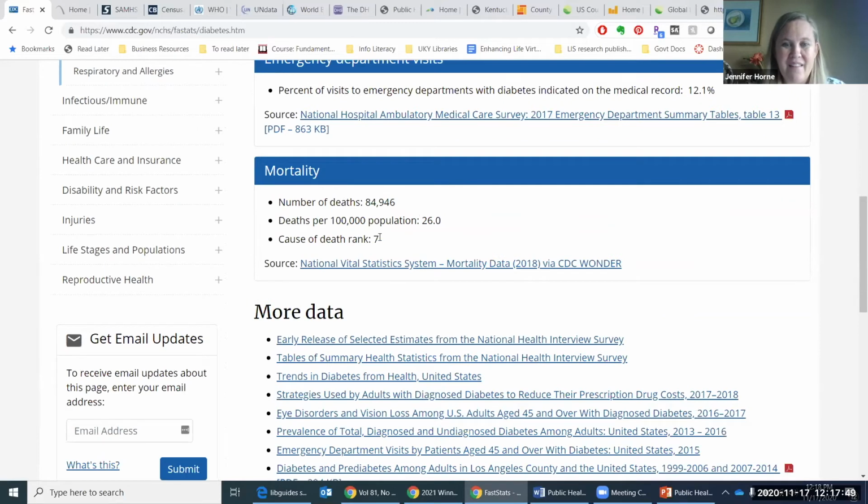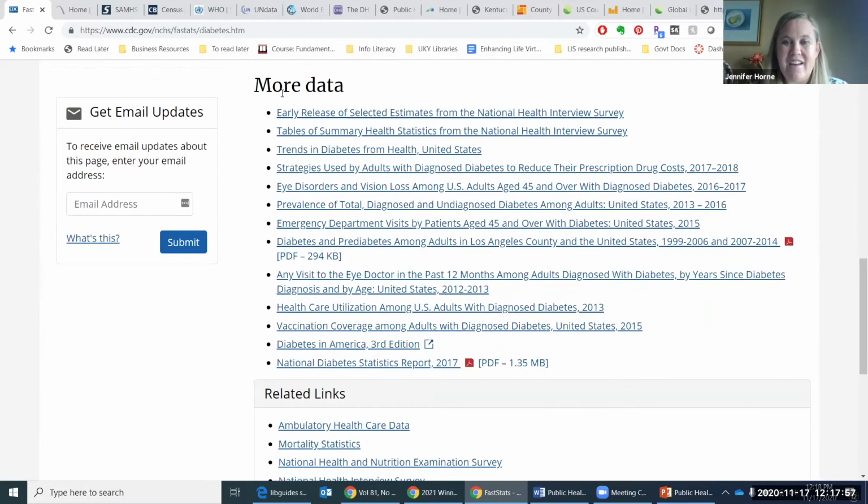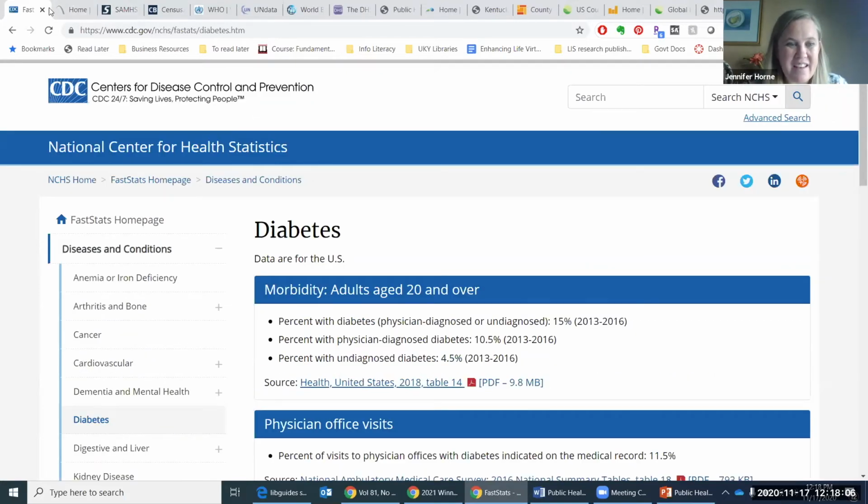When you're talking about number of deaths, they're pointing you directly to the National Vital Statistics System. And then you can see that they've got all of this other data, all the different surveys or other reports they have on this topic. And it's in pretty easy to understand language.